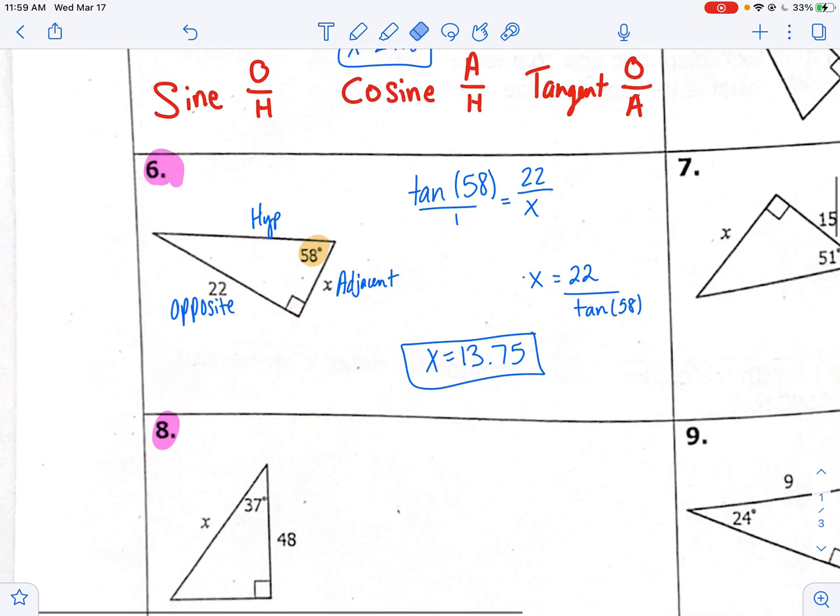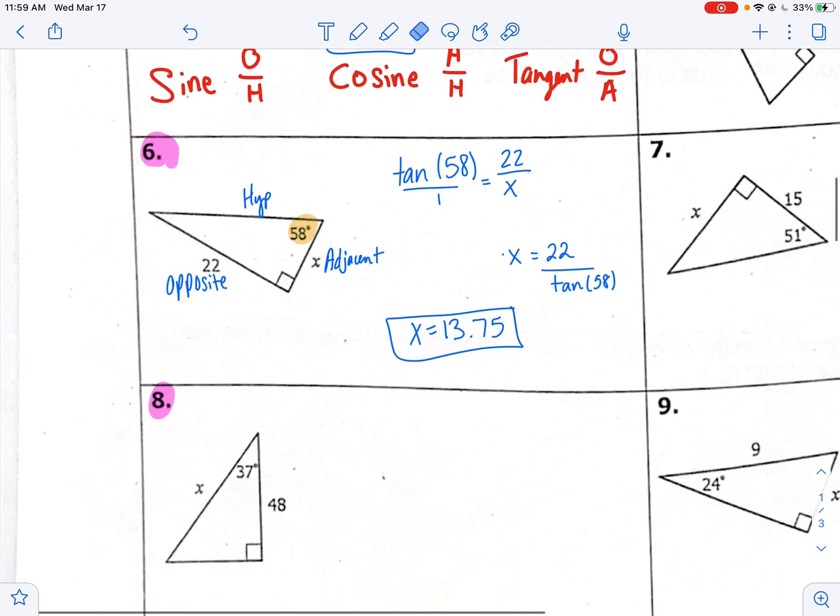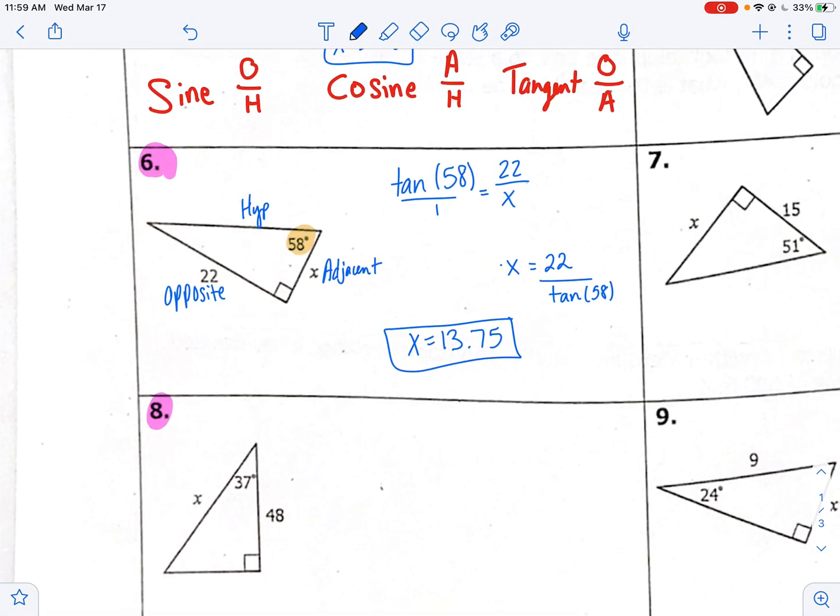All right, our last one here. I'll leave our trig ratios up at the top. See if you can solve this one. I would pause the video and then unpause to check your work. You've got your adjacent side and your hypotenuse, and adjacent over hypotenuse is cosine.